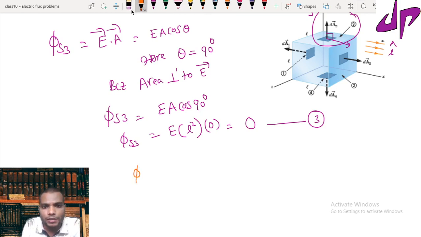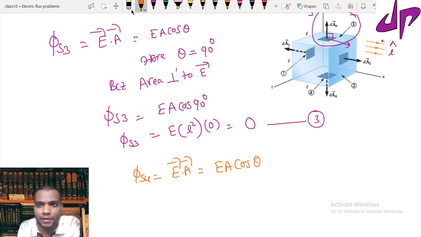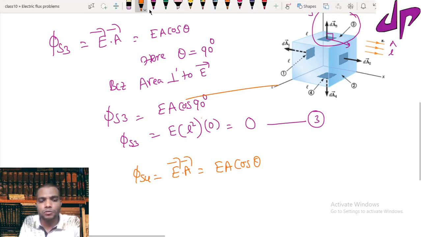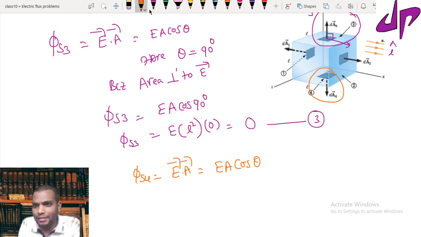Flux through the surface S4 equal to E bar dot A bar, which equals E A cos theta. Now see from the figure the direction of the area vector. In this case, the area vector is in the downward direction, along the negative y-axis, so in unit vector it is minus j cap.